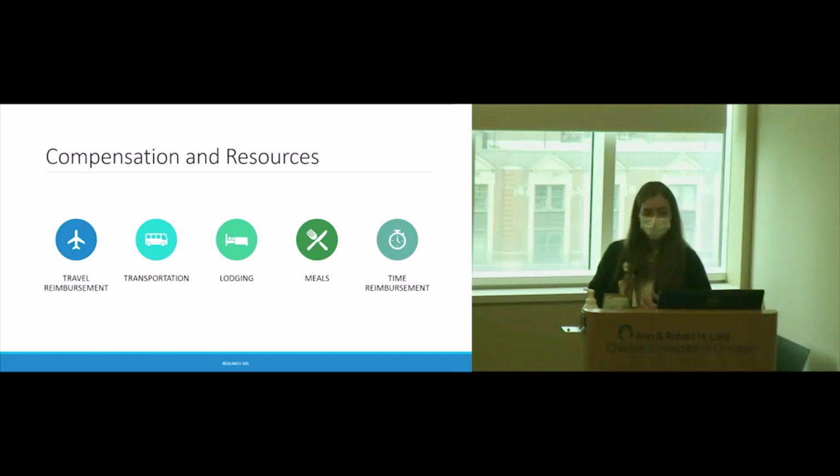Lodging, if you are traveling to a study location that is not close to you, sometimes lodging can be covered. Meals, if there are really long days, then there can be funds available to help cover meals while you are at the study site. And then sometimes there's also time reimbursement to recognize the amount of time that you are taking away from other things as well.